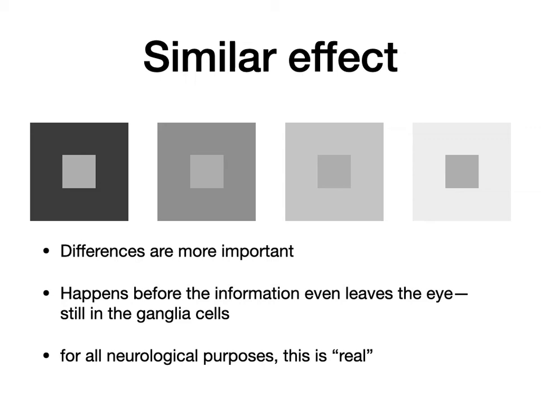Because in the real world, I do need to consider that as darker. I don't care that it's the literal exact same luminance. It's all about differences, relationships, connections between things and their surroundings that are the most important. So this is not, quote, all in your head, it's literally all in your eyes in this case.